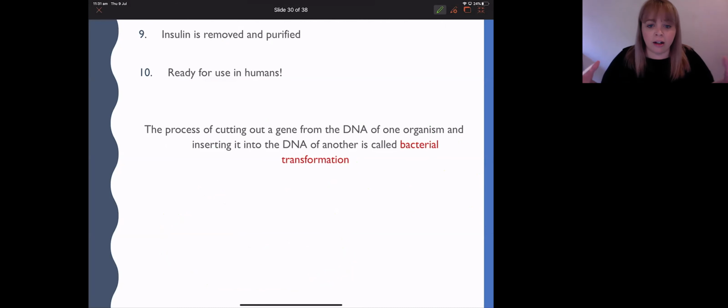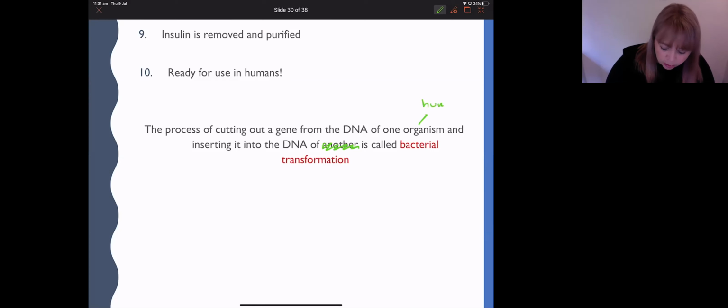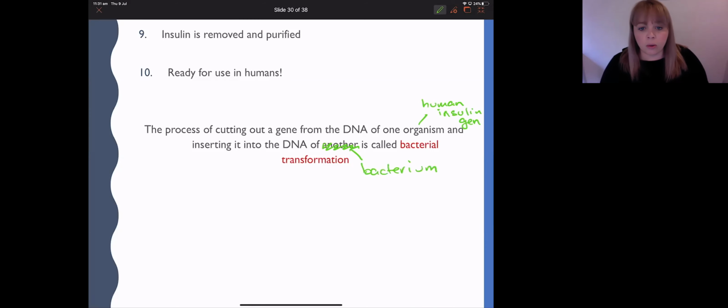We now can extract that insulin, we can purify that insulin and use it for humans. So the process of cutting the DNA of one organism, in this case the human insulin gene that we've cut out, and inserting it into the DNA of a bacterium, that's what we call bacterial transformation. So we've transformed the bacterium to now contain the gene for human insulin.